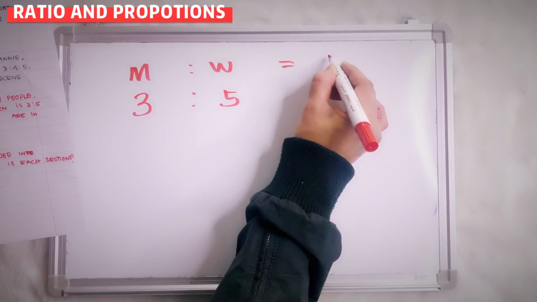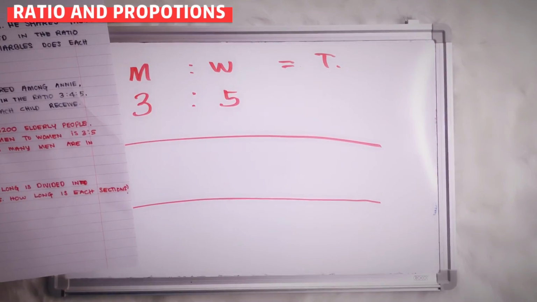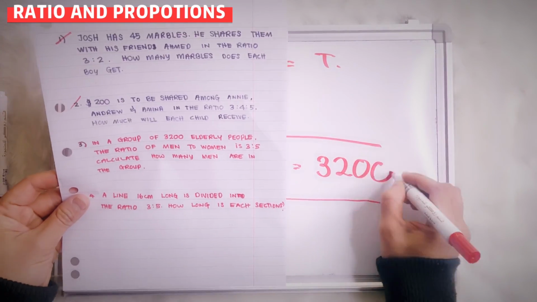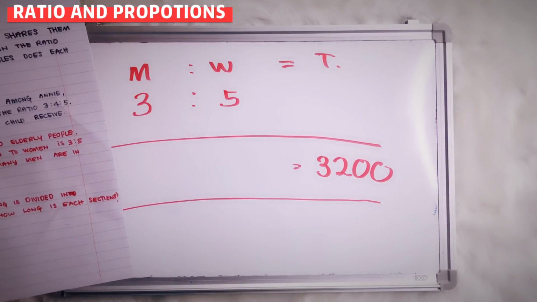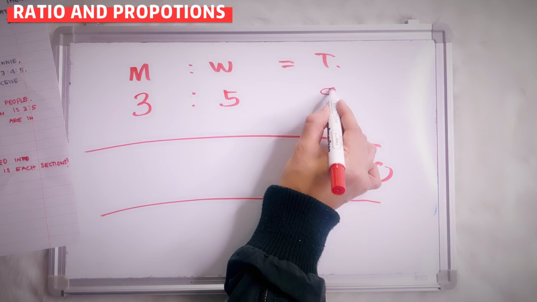So here we put total, but we know the total already, right? So here is 3,200, the total now. So 5 plus 3, you will have 8.